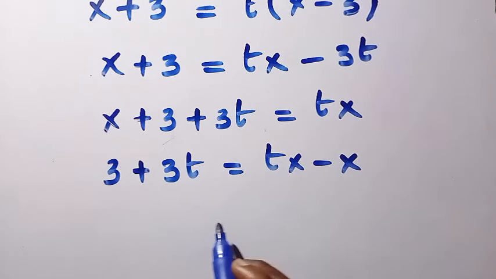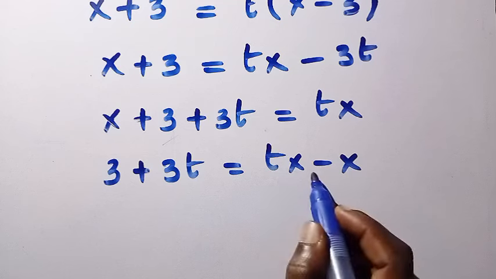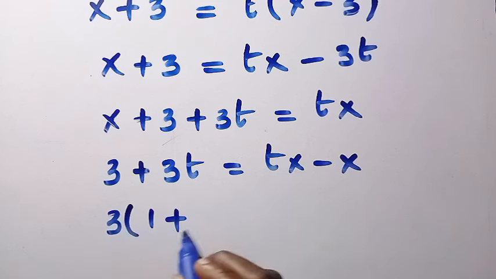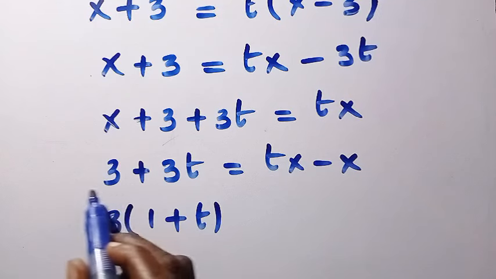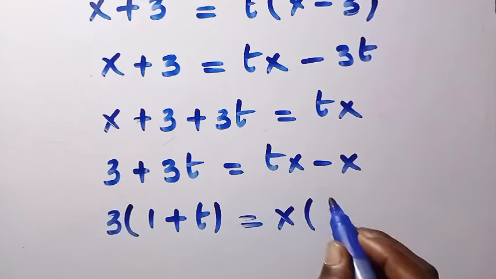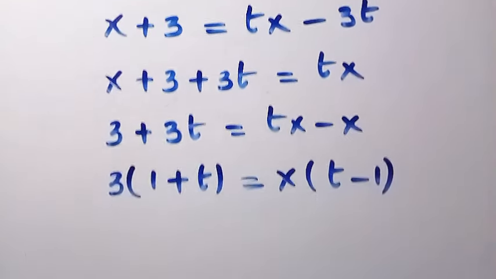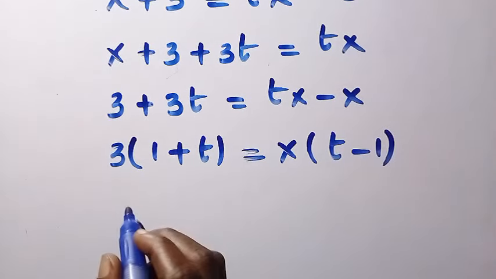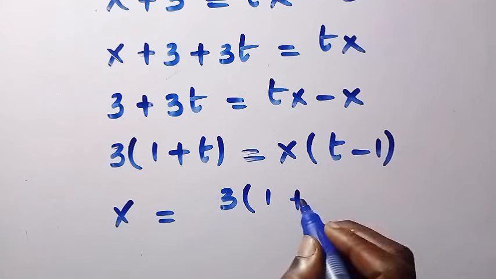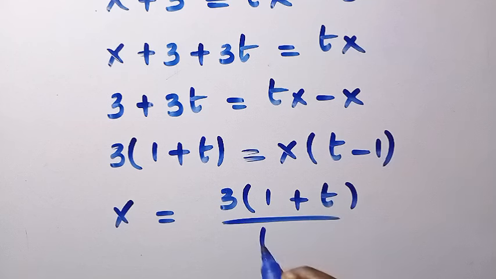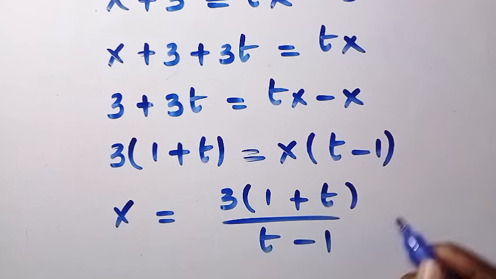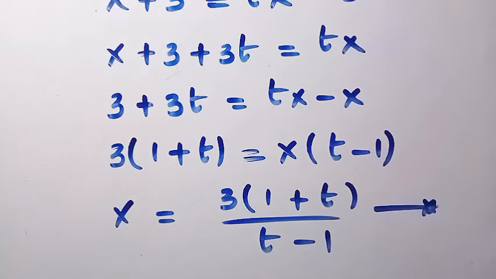Let's take out common factors: 3 times (1 plus t) equals x times (t minus 1). We divide both sides by t minus 1, so that x equals 3 times (1 plus t) divided by (t minus 1). This is what we have as we make x the subject of the relation.